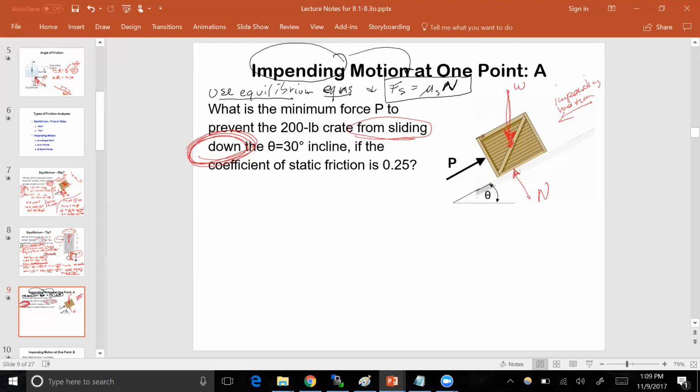So when you figure out what the impending motion direction is, then friction is going to go the opposite of that. It's going to go up. So we draw the friction going up. In this case, friction is helping us because we don't have to push as hard. If it was on a frictionless surface, we'd have to push a lot harder to keep the thing from falling, right? But we're using friction to help us.